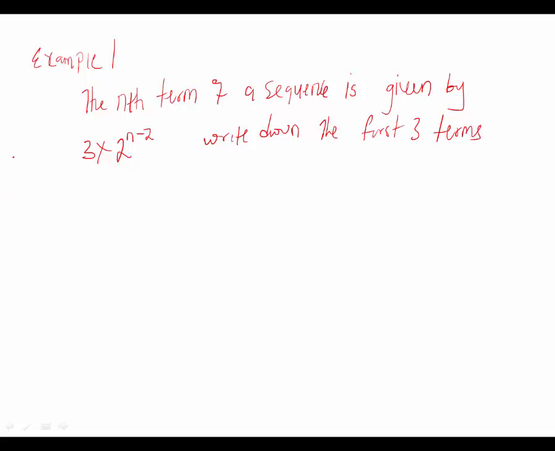Now let me explain the question. They said the nth term of a sequence is given by this rule, meaning multiply 3 into 2 to the power n minus 2. Now they want us to write the first term. The rule that is being given to us is 3 times 2 to the power n minus 2.